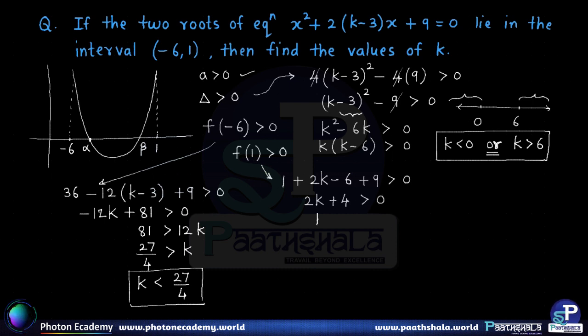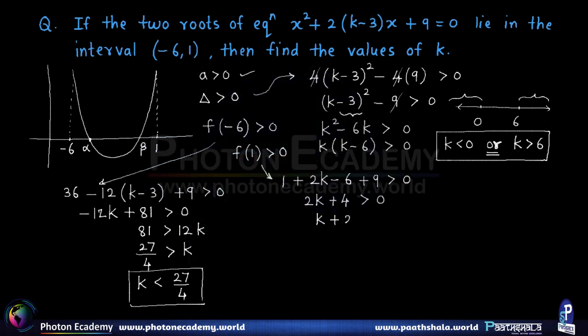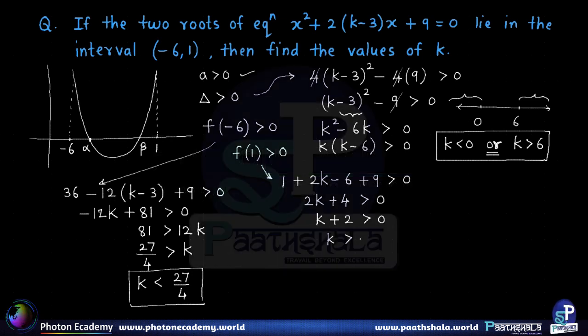So that means k plus 2 should be positive, so k should be greater than minus 2. That is another restriction we have.